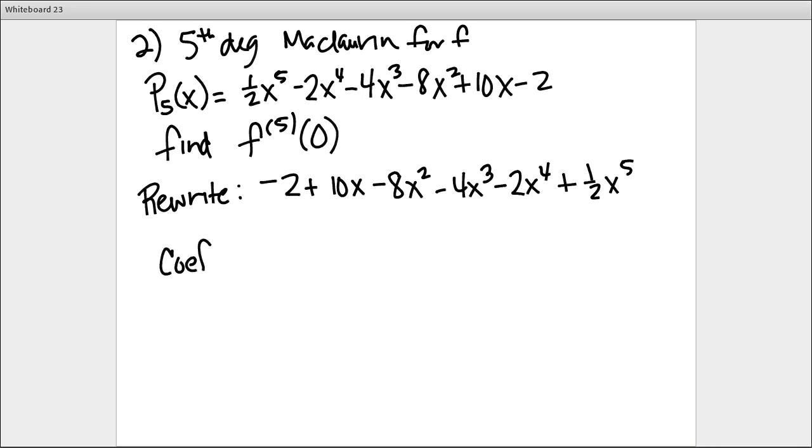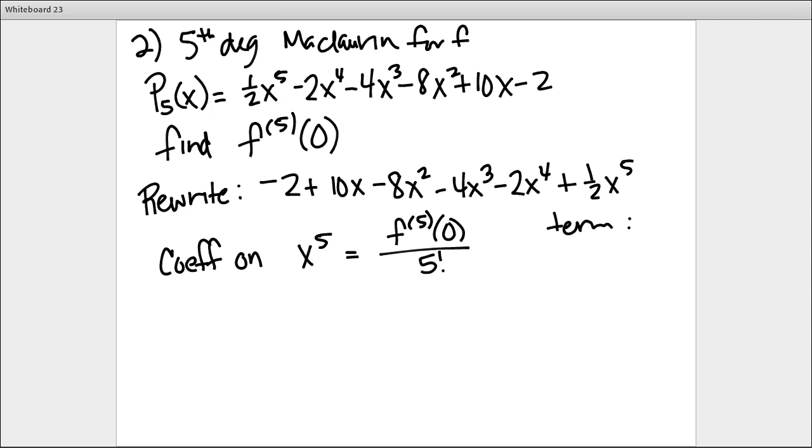And so what I know is that the coefficient, when I'm building these polynomials, on the x to the 5th term, if you were building it from scratch, would be equal to the 5th derivative at 0 all over 5 factorial, right?